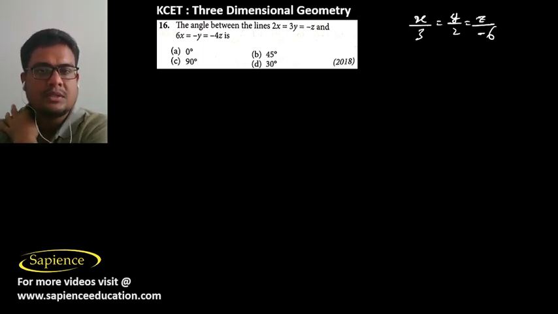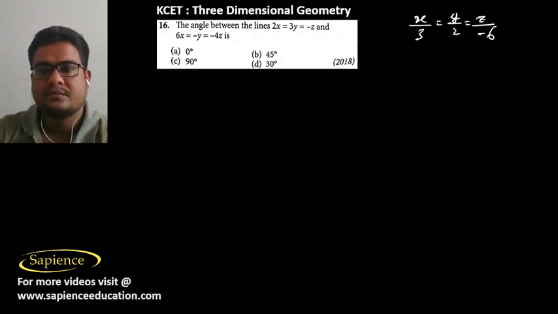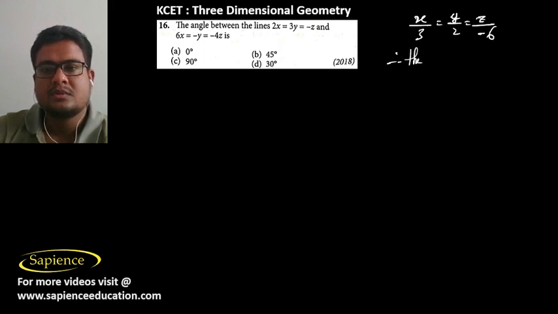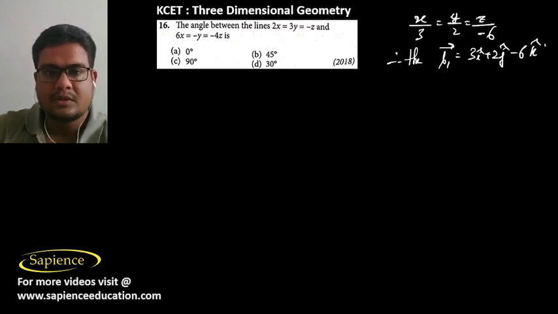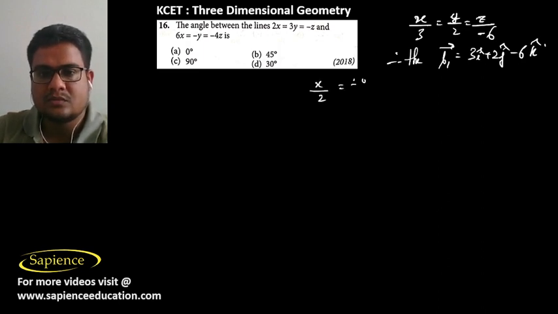So the direction ratios along the first line, that is b1 vector, is 3i cap plus 2j cap minus 6k cap. The second line is x by 2 is equal to y by minus 12, that is equal to z by minus 3.